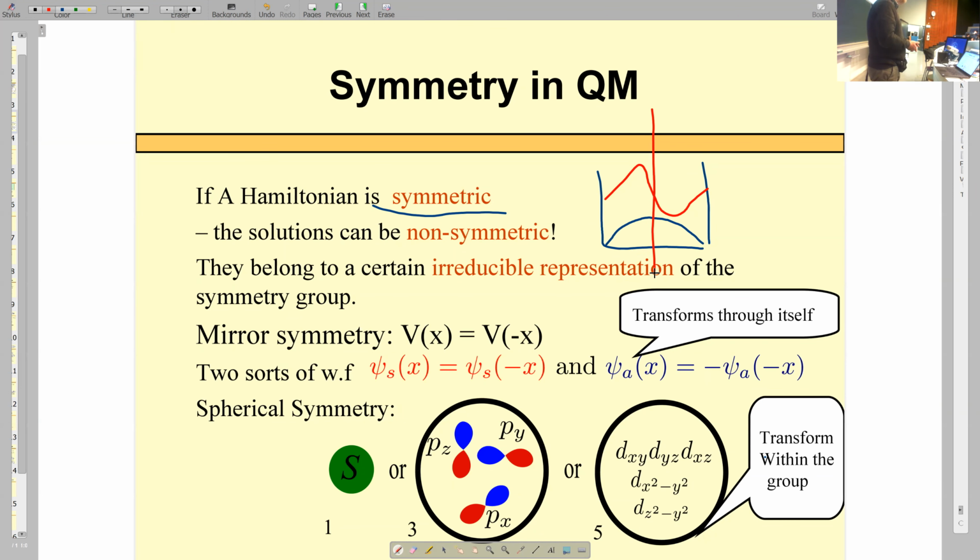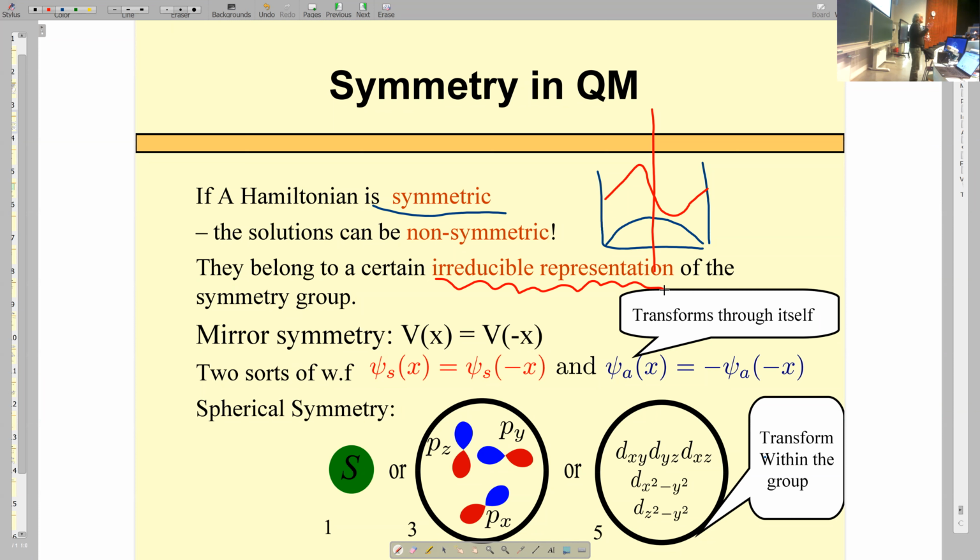And that label has a strange mathematical name. That label is called an irreducible representation of the symmetry group.